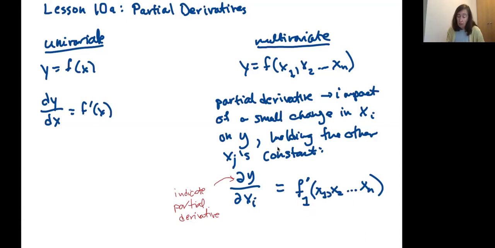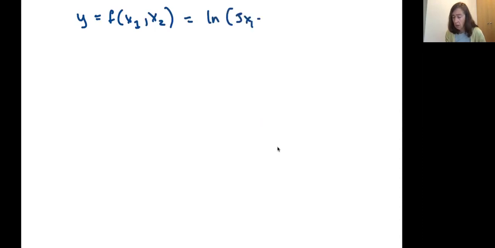Okay, so let's just look at a function here. Let's say we've got y, and it's going to be a function of two variables, x1 and x2. And let's say it's the log of 3x1 plus 2x2. Okay, let's find those partial derivatives. So f1 is del y, del x1 here.